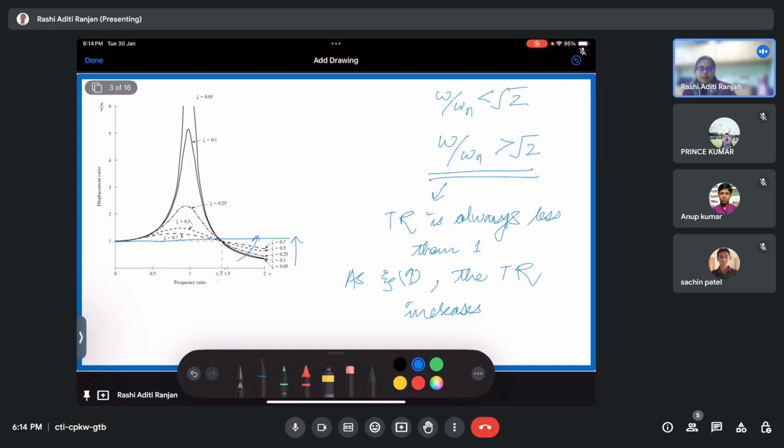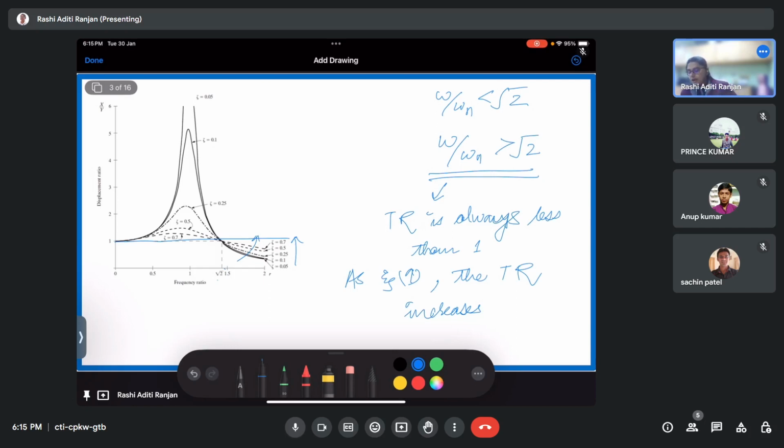It is being damped out. However, the amount of damping will depend upon the value of epsilon. Okay. So anyways, omega b by omega n should always be greater than under root 2 in order to use it in a practical application as a vibration isolator.